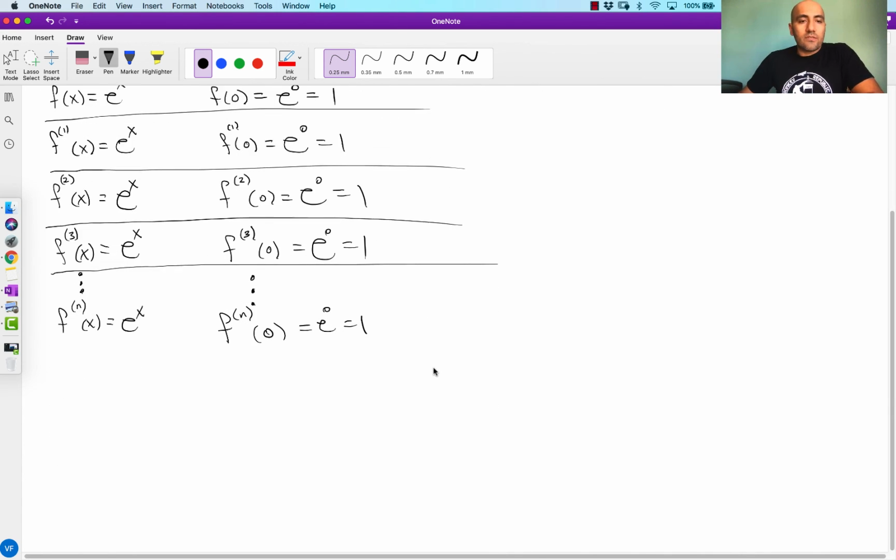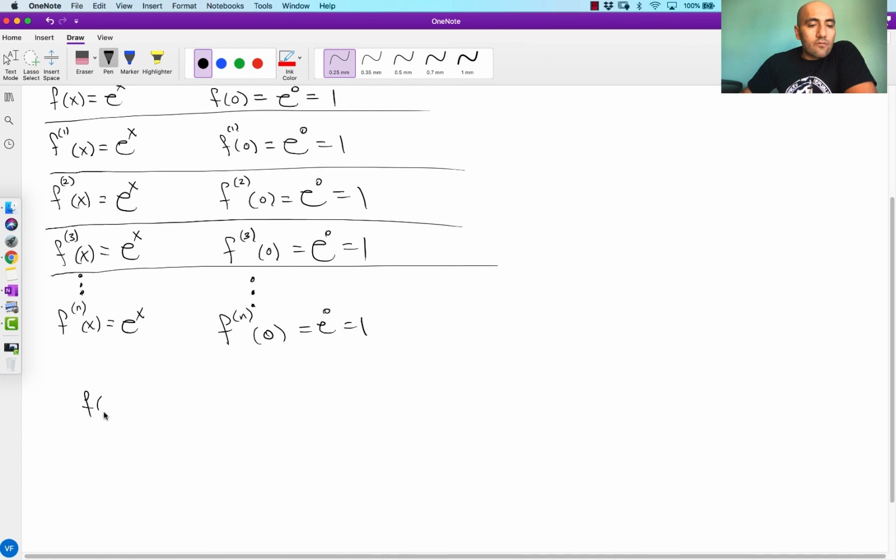Good? Okay, so that means that so far we have that f of x is going to be equal to the sum from 0 to infinity, and then all of the terms, okay, I'll write it out one more time, valued at 0, all over n factorial, x to the n.